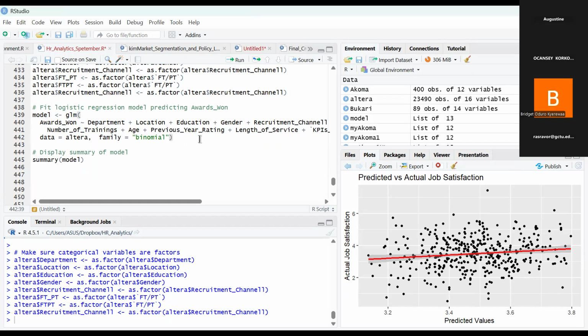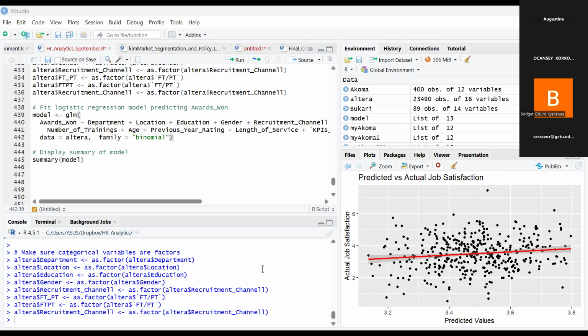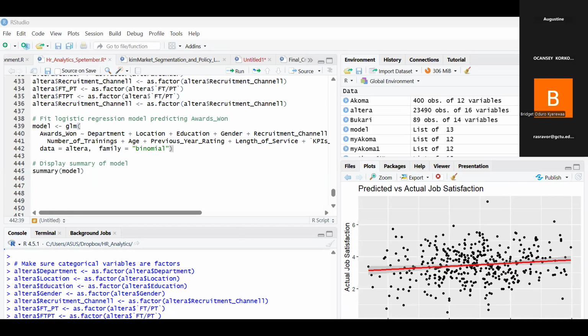Prof, please, the command is not in the chat. When I open my chat, it's not here. Yes, Prof, it's not in the chat. I think it's there. Or it went to an individual.